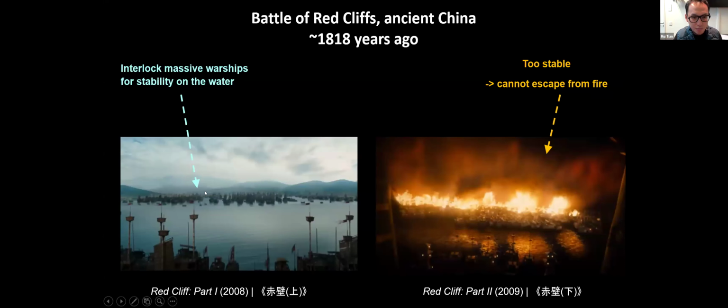One group, because their soldiers were coming from the north and were not familiar with battle on the water, interlocked massive warships to become very stable on the water. But it happened that one evening, because the warships were interlocked, they were too stable, and in the end they could not escape from the fires, and everything got burned out.